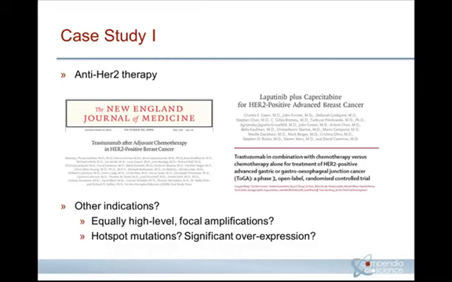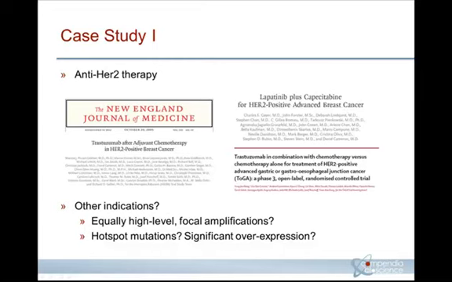So what we're going to do in this case study is ask the question, does the global collection of genomic data, including the Cancer Genome Atlas, suggest that HER2 therapies are best directed at breast cancer and gastric cancer? And more importantly, does the data suggest other equally interesting indications that could be targeted with anti-HER2 therapy?